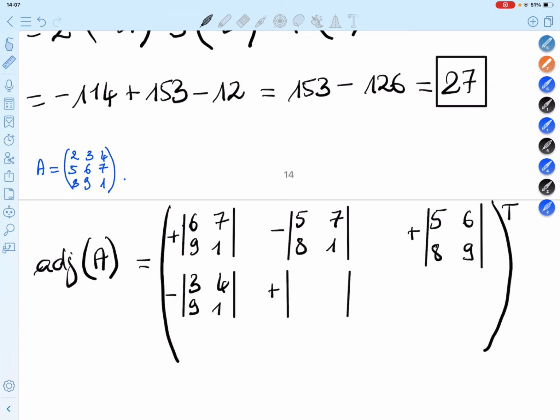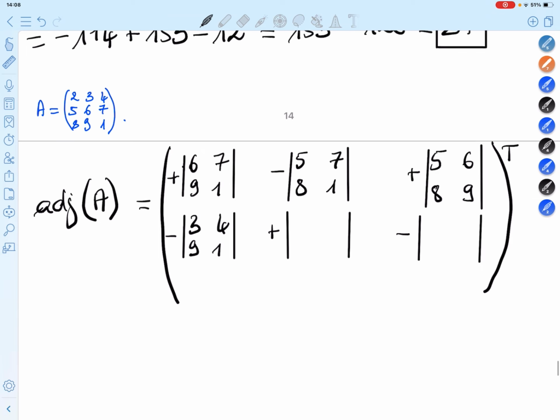Okay, let's put everything, then negative. Then lastly, we have positive, then negative, then positive.